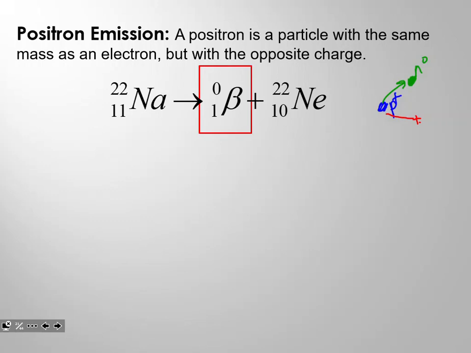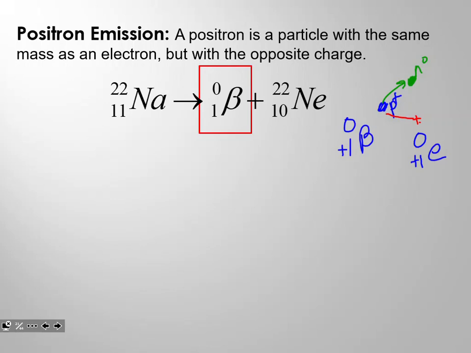Now you can write positrons like this too. You can write it with the plus and then the B, because it's like an opposite beta particle. Or you can write it with the 0, plus 1, and the E, because it's like an opposite electron. So you might see positron particles looking like that. Either is okay.